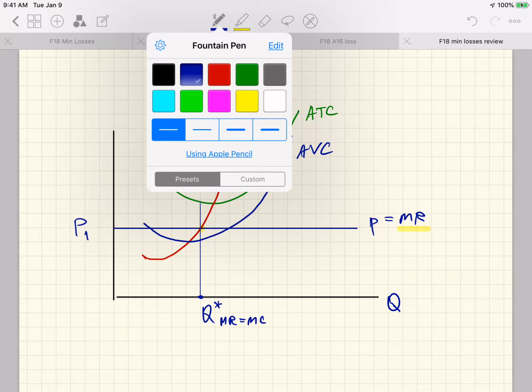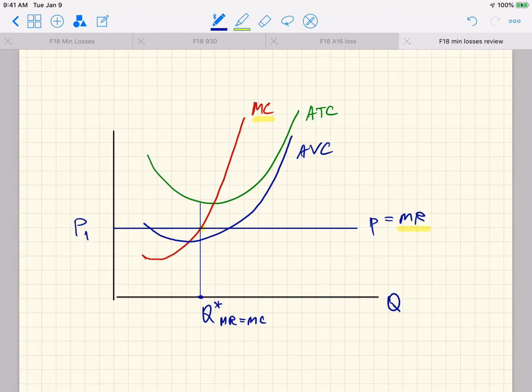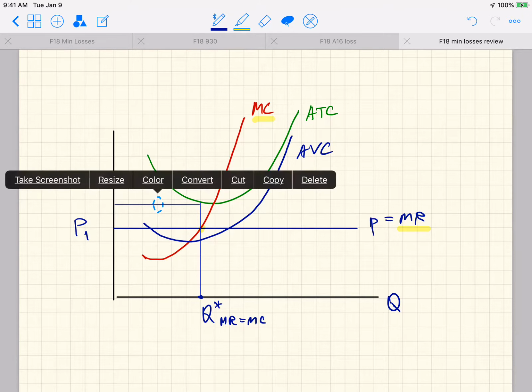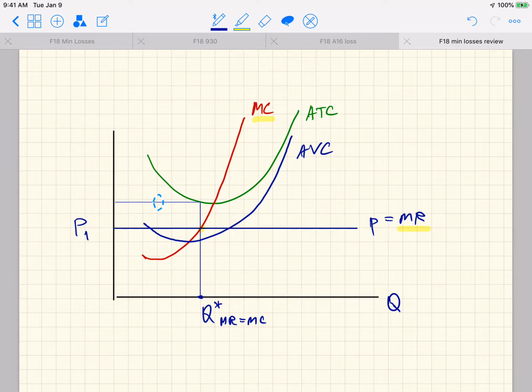And so on this vertical line we find everything we need, and we're gonna need ATC, right, because that's how we find profit. And we also will need this. Okay, we will need AVC. Why do we need AVC?